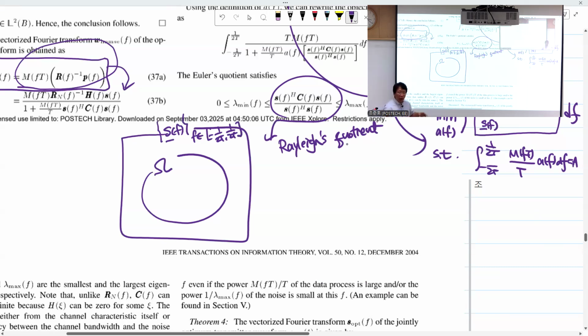So among every possible vectorized Fourier transform of that length, you have some constraint set omega S for S. Now I divide this one into several subsets having the same A of f.